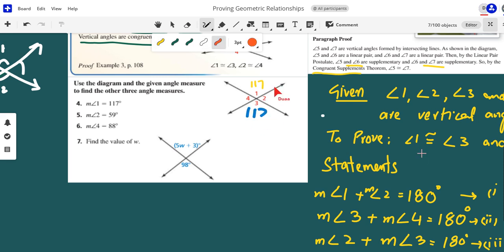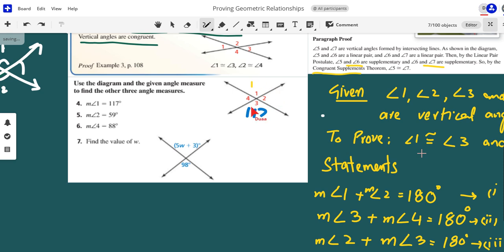Then angle 4 will be equal to 180 minus 117, right? Which is 63, and angle 2 will also be equal to 63.